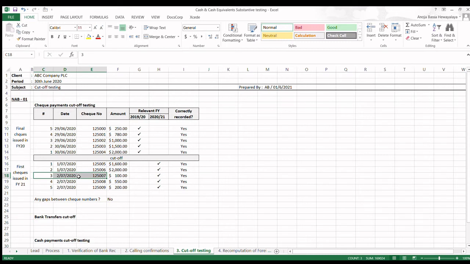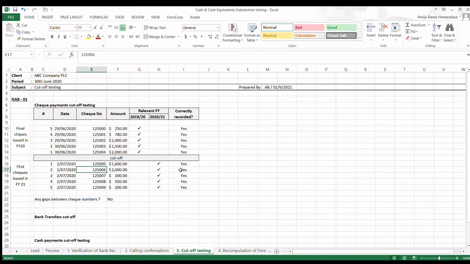Anyone can misappropriate cash, and maybe a person can write a check to their own name, so we don't know. Or maybe the check was dishonored, and that's why that check number is not there. Just ask the client why the check number is missing.